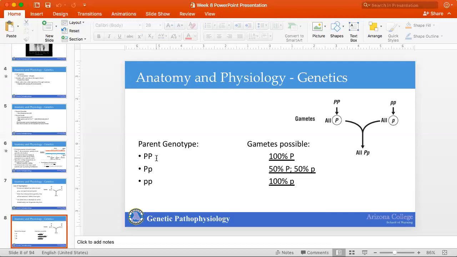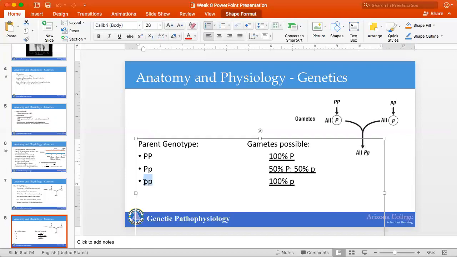Well, all of their gametes are then going to be 100% of this dominant color. They can only pass this on to their children and nothing else. Someone who maybe has a parent with brown eyes and then one with blue eyes could have a split. So when their gametes form, 50% of them will be dominant brown and the other 50% will be the recessive blue.